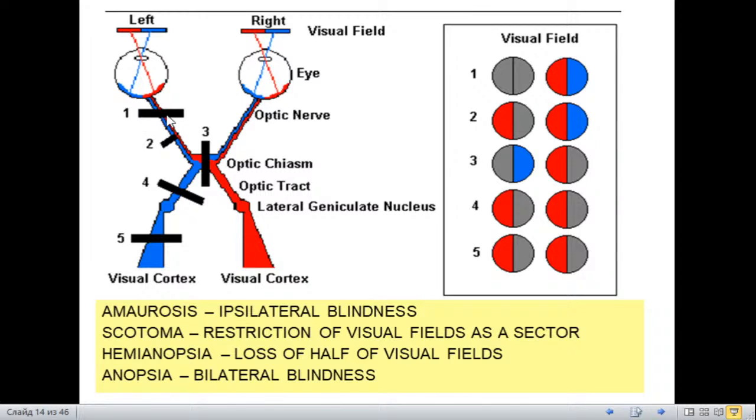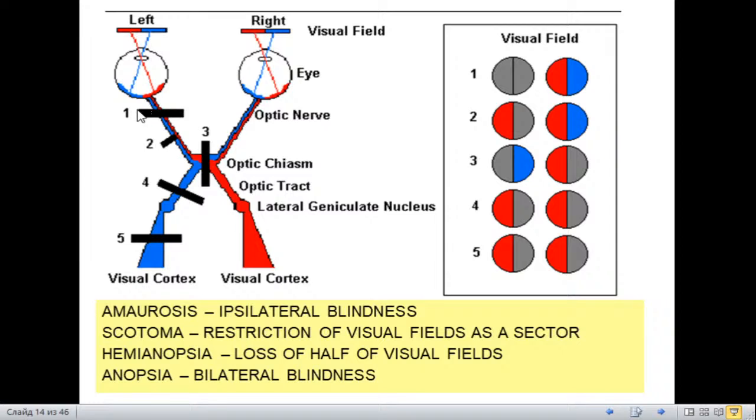In case of damage to one optic nerve, let it be the left optic nerve, as you can see, this nerve has a blue line and a red line from the corresponding half of the retina, and you have to know that the image is formed vice versa on the retina, so the medial half of the retina gets information from the temporal visual field, and the lateral half of the retina responds for the nasal visual field.